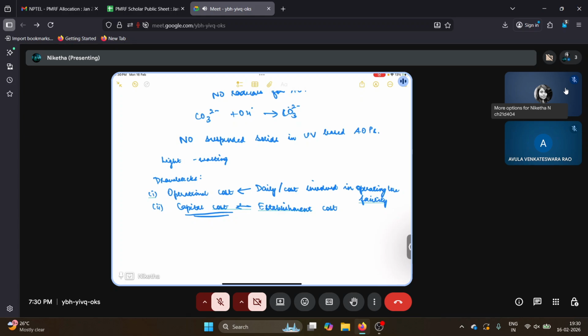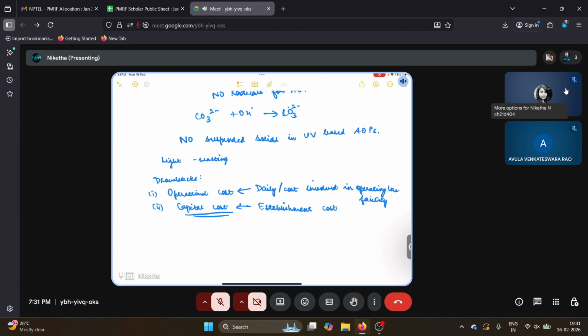So when it comes to UV based processes, both operational as well as the capital cost are going to be high. Operational cost, like I said, because it is UV radiation, the electricity requirement is high, so there is an expense. But even the capital cost is high because this is a photolytic treatment.